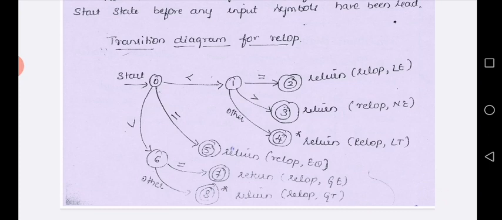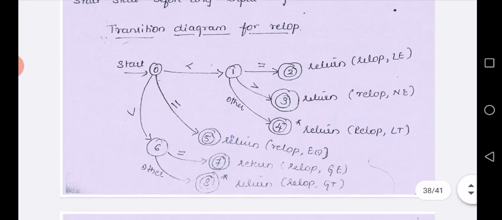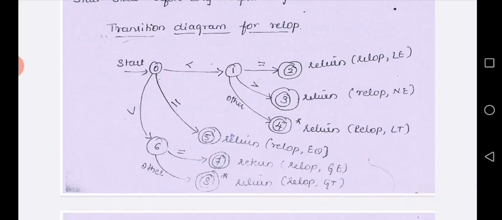If you encounter the less than symbol, 0 to 1 transition, you don't have any other symbols like equal to or greater than. So it will go from 1 to 4. Here we consider it as other, since after the less than symbol we don't have anything. Then it comes to 4. 4 is accepted, which means 4 is a final state. It is a valid syntax of an occurrence of a relational operator.